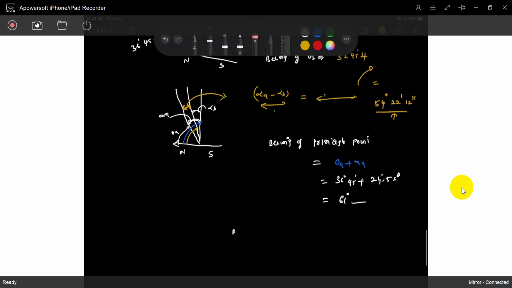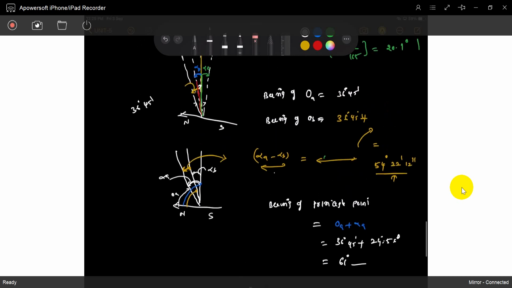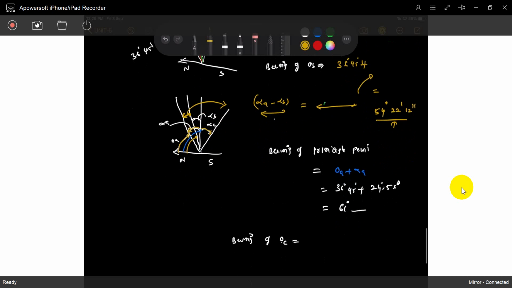So now you can find out the bearing of OC. What is the bearing of OC? We already know this is alpha C. So you can just observe it. OA, alpha A and alpha C. That's sufficient. No need of alpha B, because alpha B is included in alpha A. So that's it.